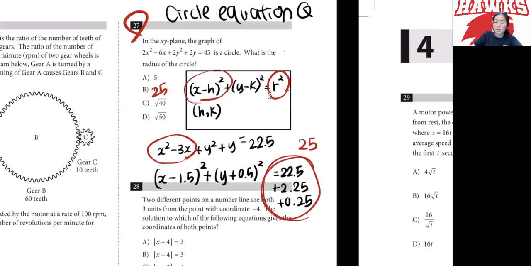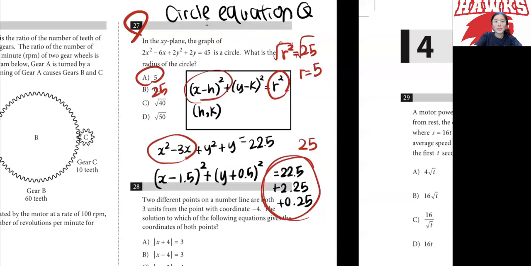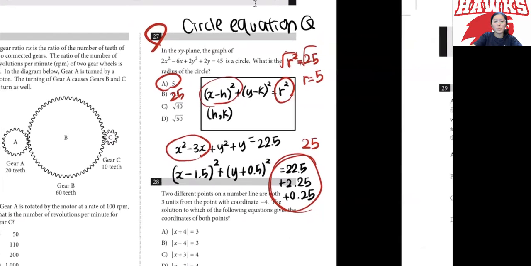To avoid that, you do r squared equals 25, and you take the root of both sides because the root and the square cancel out. The radius is 5, and A is going to be your answer. So thank you.